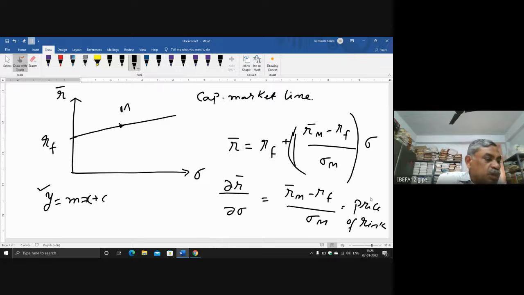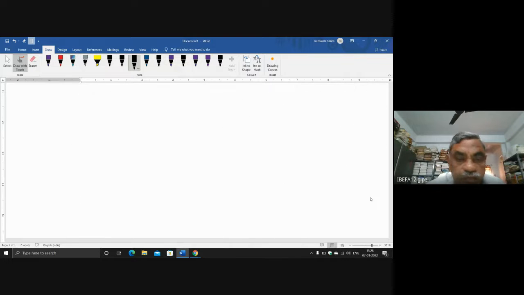The CAPM equation is: the expected excess return of an asset. See, this R bar means the expected return, not the average. This is understood as the expected return over and above the risk-free rate.